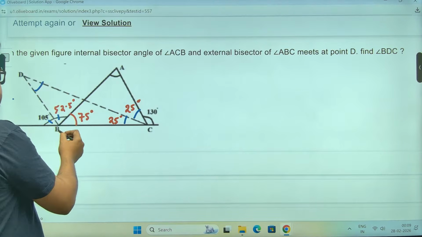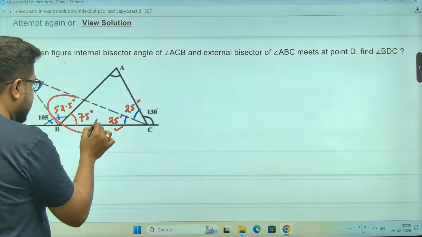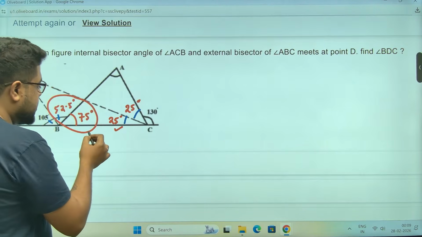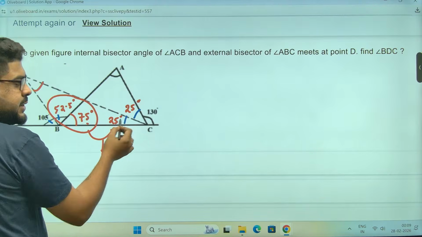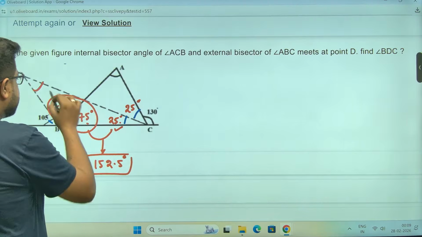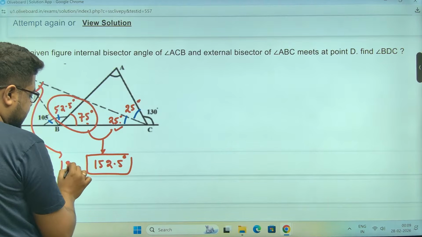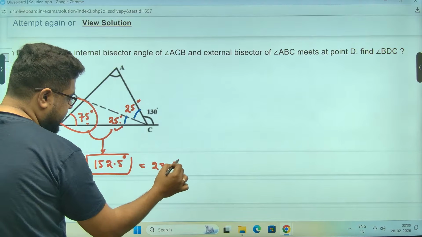Now take triangle BDC. You know this angle, you know this whole angle, so we can figure out this angle. The sum of these two angles is 75 plus 25, 100, so 152.5. So this particular angle will be 180 degrees minus this, which is 27.5 degrees.